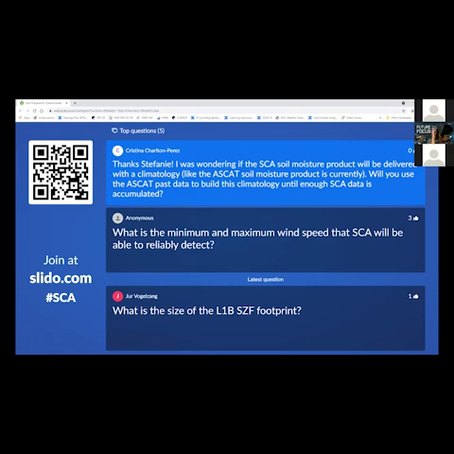Christina, after this next talk of Stephanie, we are moving to the soil moisture, but I can directly react. Thanks, Wolfgang. I think we keep initially the two products separate, but if the cross calibration is very good, as I would expect, there would be nothing holding us from making a joint climatology.